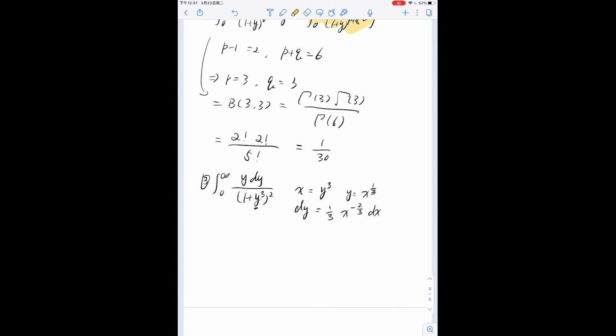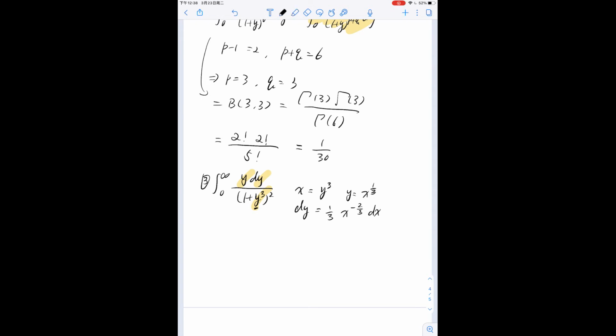Notice that since we need to use change of variable, we need to change this and this. So y equals x to the power of 1/3, dy equals 1/3 times x to the power of 2/3 minus 2/3 dx, and y to the power of 3 just equals x.